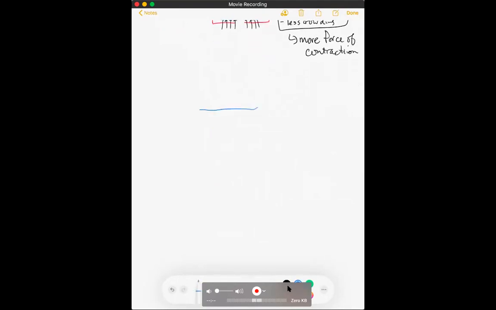We still have our myosin here. And excuse the drawing, it's not the greatest. But now imagine this cardiac myocyte is so stretched out that the actin is way over here. There is absolutely no opportunity for this myosin to bind to the actin.